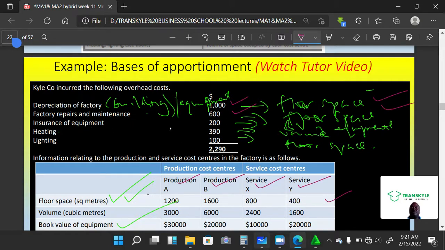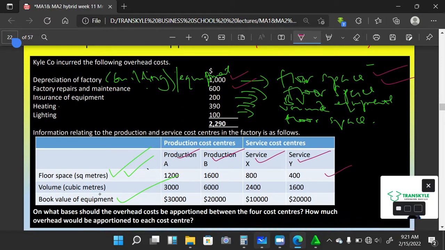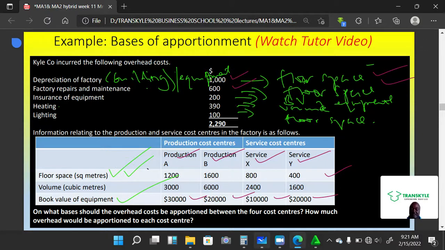For insurance, the basis was the book value of equipment. So you go to the book value of equipment, and you add these up. You get the total. Then you start to apportion 3,000 over the total, multiplied by 200, and you get the same. So let's move on to the other aspect.